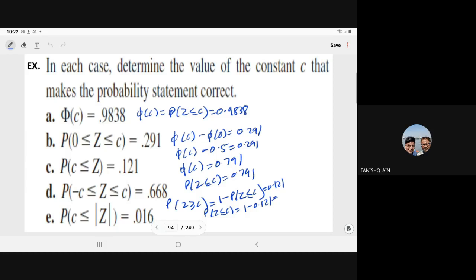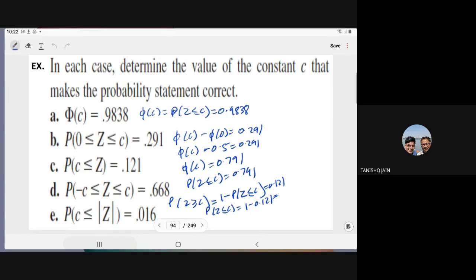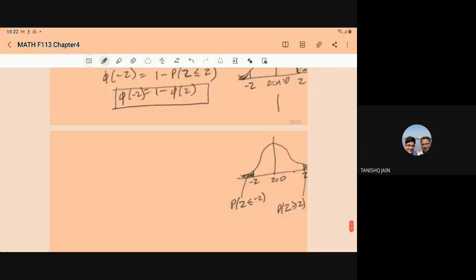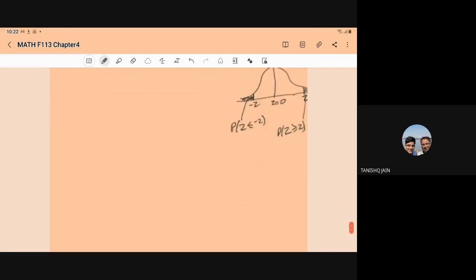Then we find the value of C for which Z lies between minus C and C, and its probability is 0.668. So probability of minus C less than Z less than C is 0.668. That is phi C minus phi of minus C equal to 0.668.